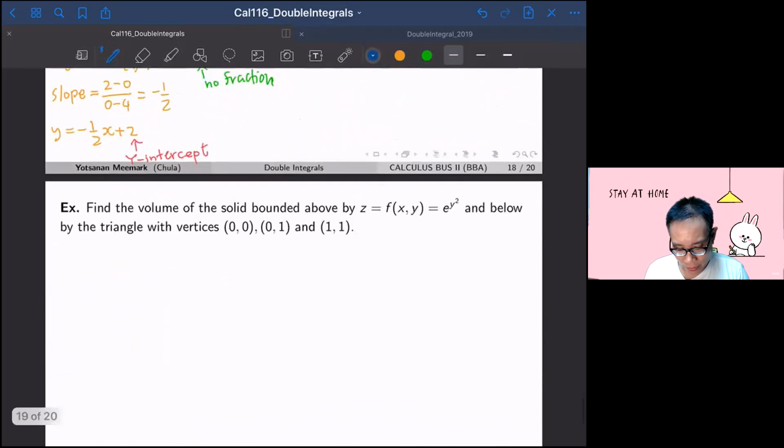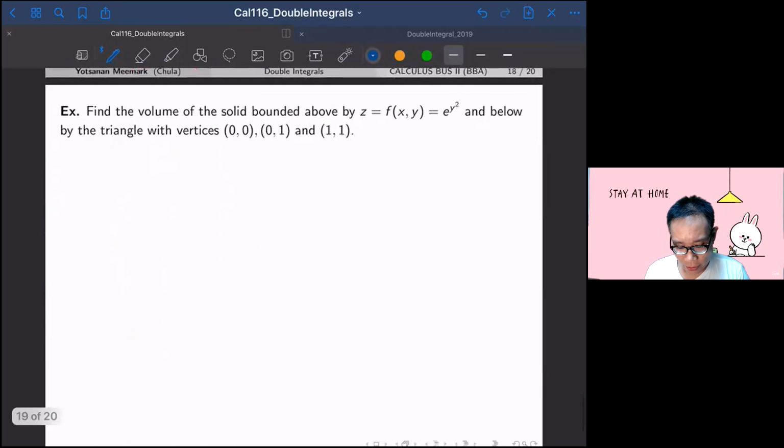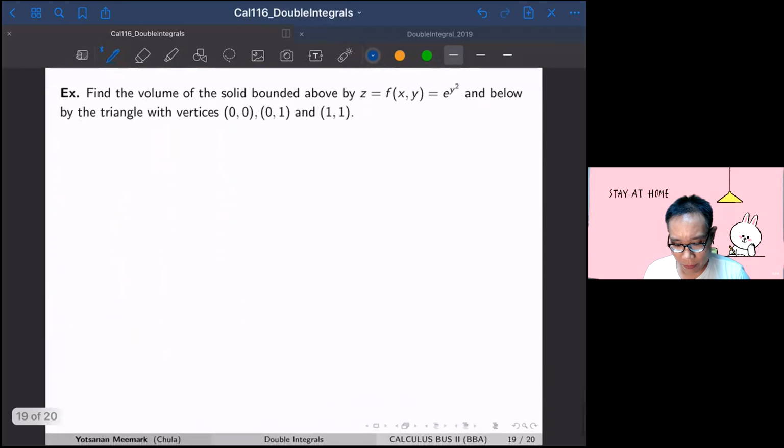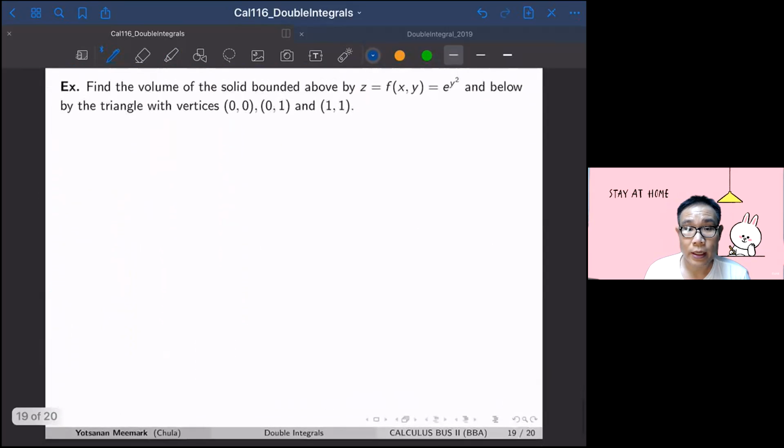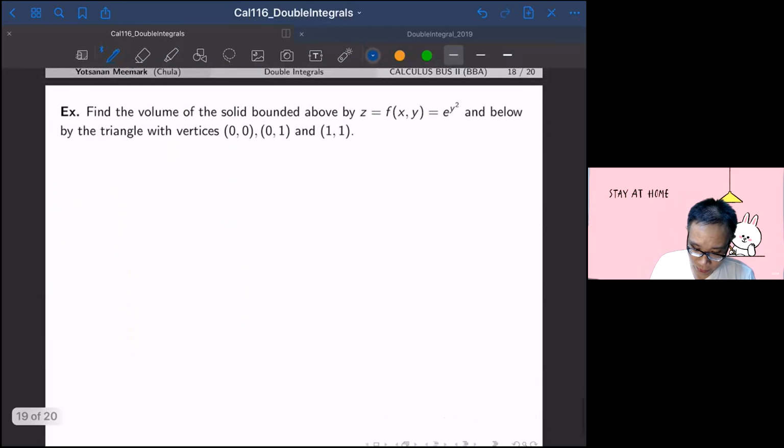Okay, the last one, we would like to find the volume of the solid bounded above by z equal to f(x,y) equal to e to the y squared, and below by the triangle with the vertices (0,0), (0,1), and (1,1). For this one, it's a little bit simpler if you are able to graph it first.